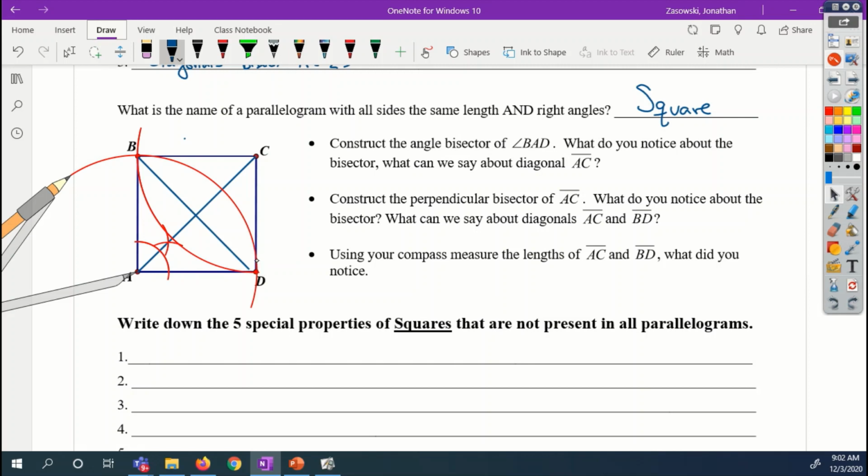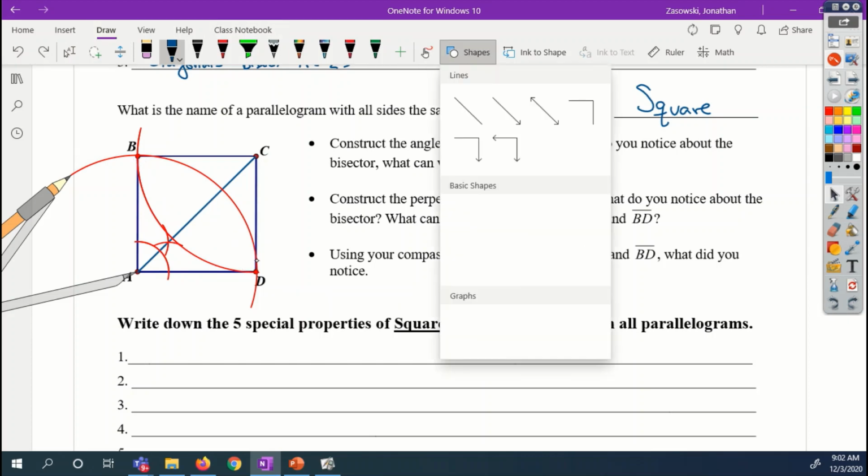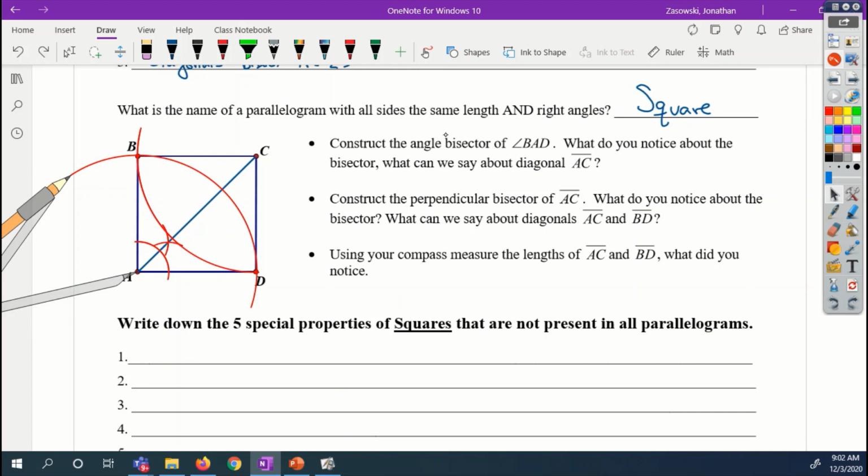I think I got to go a little bit bigger, but that's all right. And there we go.